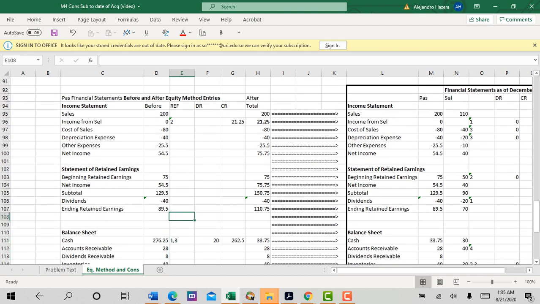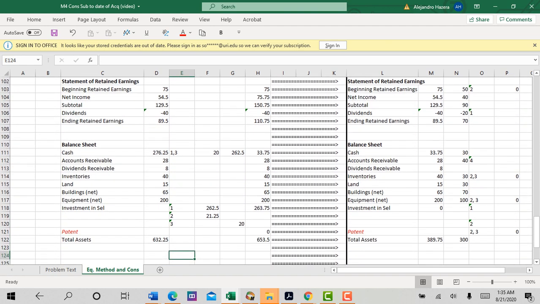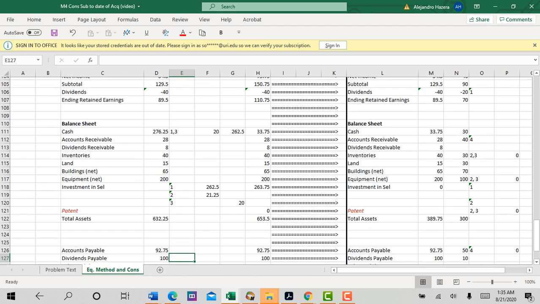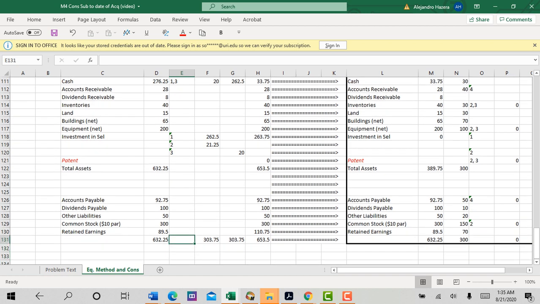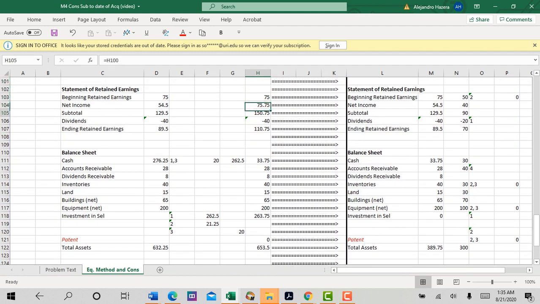And so we've prepared our financial statements for consolidation. The financial statements we're going to consolidate have a balance of 653.5. Let's just move these over and see what happens.